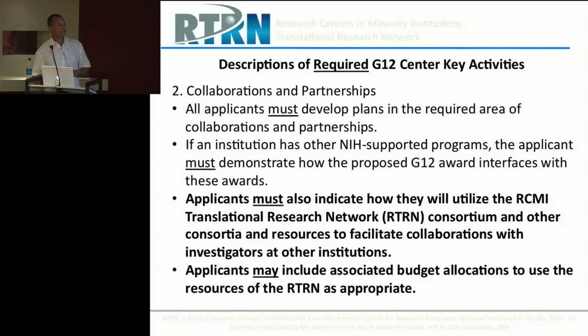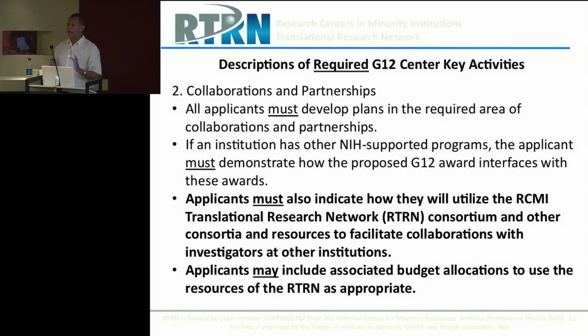So of the key activities, there are 4 key activities. I don't remember them all. There's administrative core, partners and collaborations, evaluation, and research design. So, but one of them, number 2, collaborations and partnerships, first, everybody has to do it.